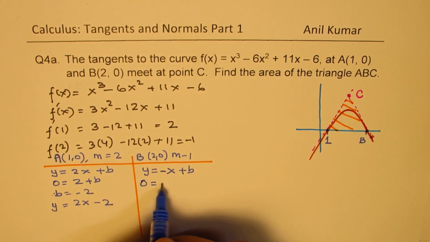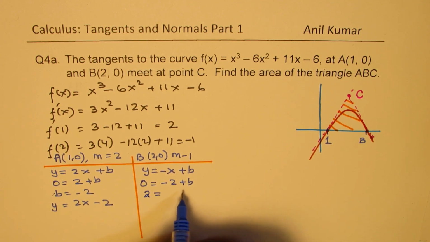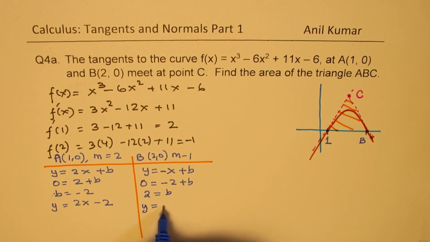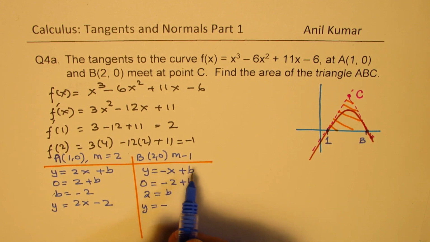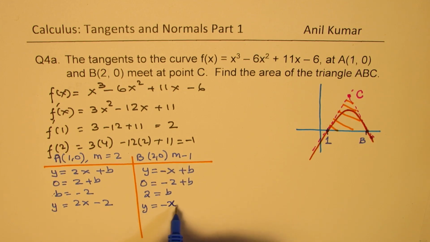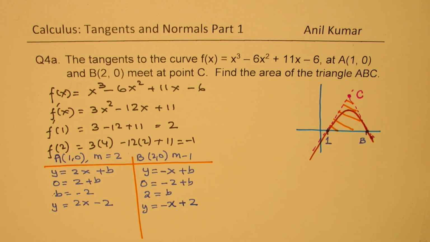So 0 equals minus 2 plus b. So 2 is equal to the value of b. So the equation will be y equals minus x plus 2. Right. So these are the two equations.